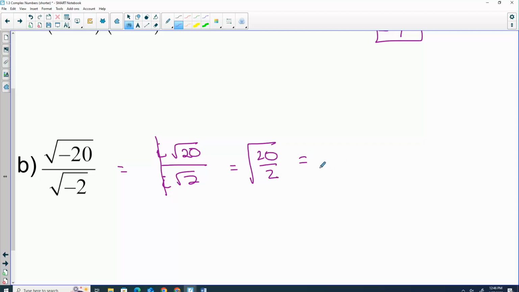What is 20 divided by 2? So that actually just turns into a square root of 10. Or you can reduce the radical 20 and break it into 4 and 5. So you get 2 radical 5 over the square root of 2. But what's wrong with that? You remember?